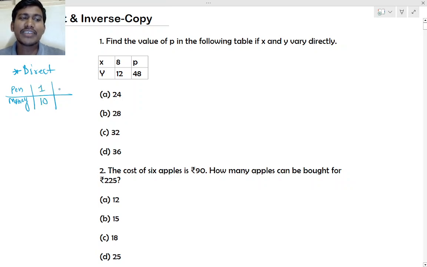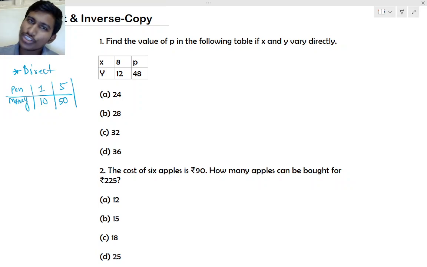If there are 5 pens, how many rupees will it be? 50, right? So what is happening? The cost is increasing as the number of pens is increasing. If the number of pens decreases, the cost will also decrease. Both will be the same.